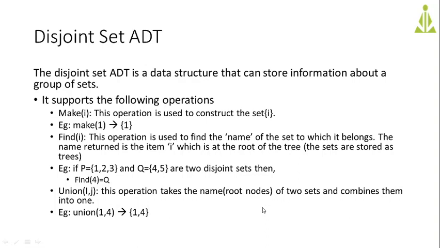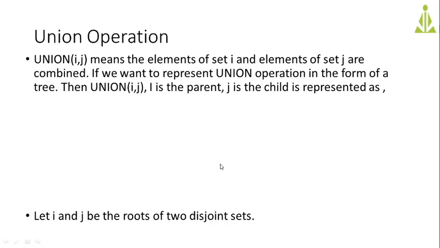What is the use of it? It stores information about a group of sets, and three important operations we can perform: the first one is make, the second one is find, and the third one is union. Next, the union operation. First we will see the union operation, then we'll go to the find operation.